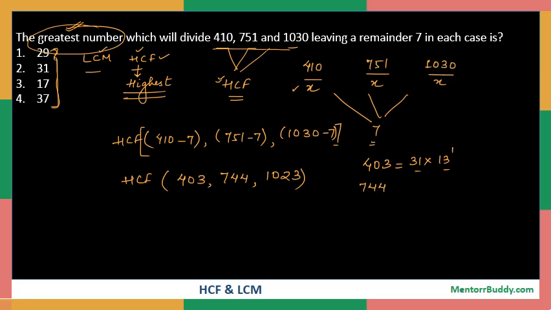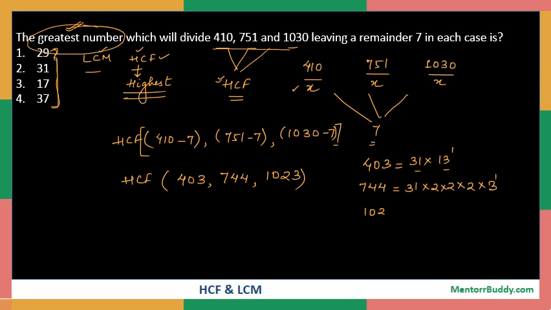Similarly, 744 can be factorized by using 31 and 2 in this way.